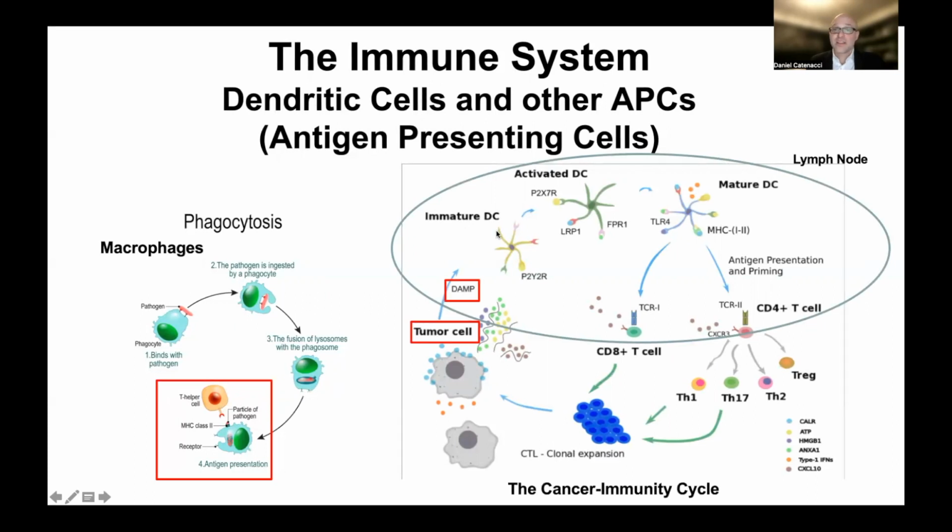And these dendritic cells can uptake these DAMPs, as I just showed you on those receptors, and become activated, digest those proteins into smaller pieces, and then express them on the surface through MHC receptors that we're going to talk to in detail in a moment.